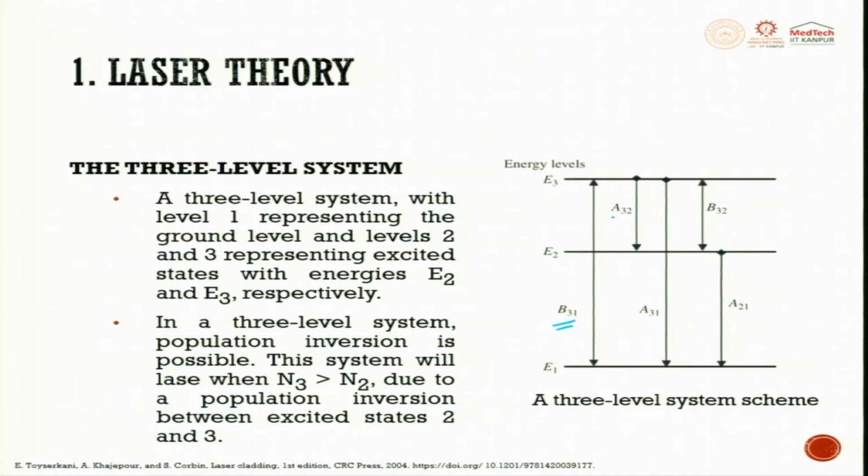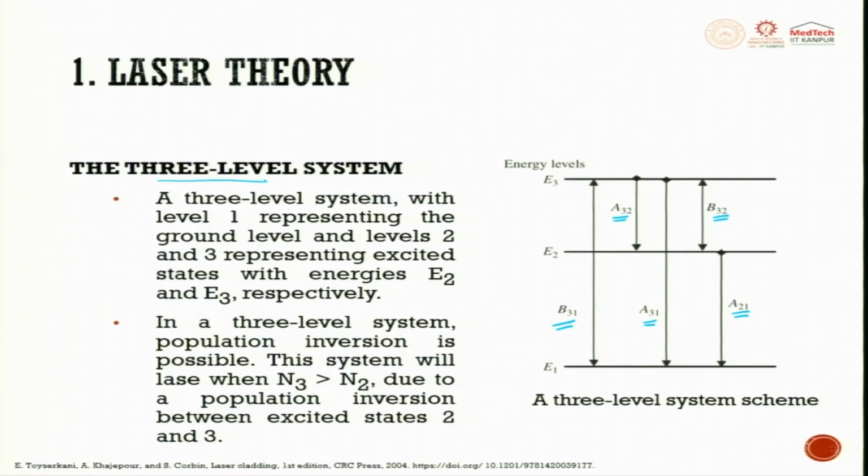Then you have A32, B32, A31 and A21, all these things. So B31, A31, A21, A32, B32.